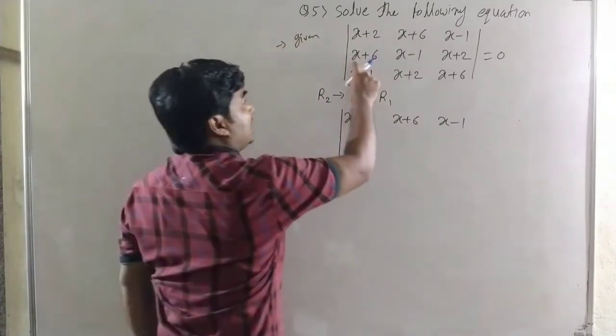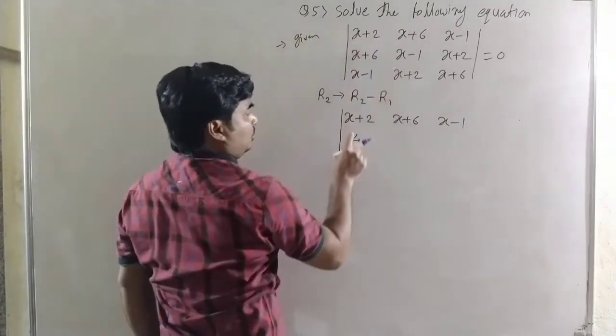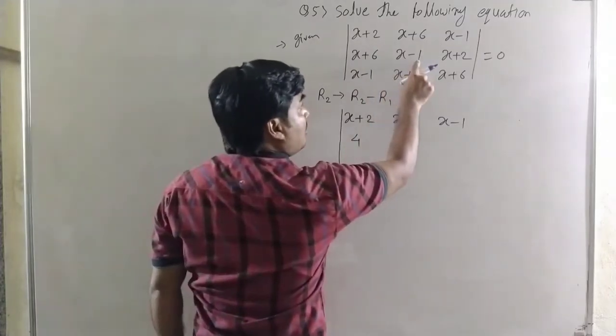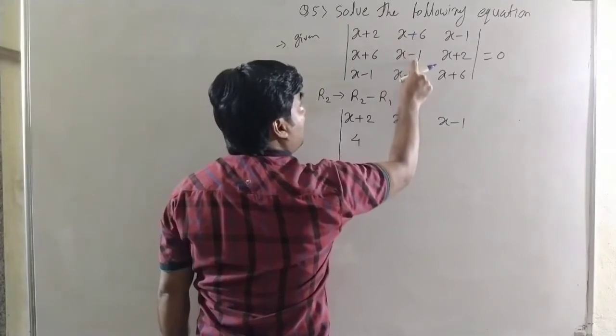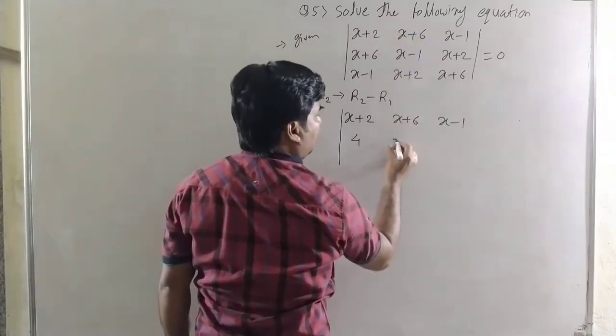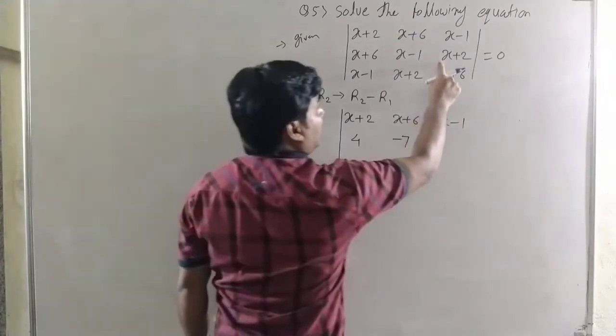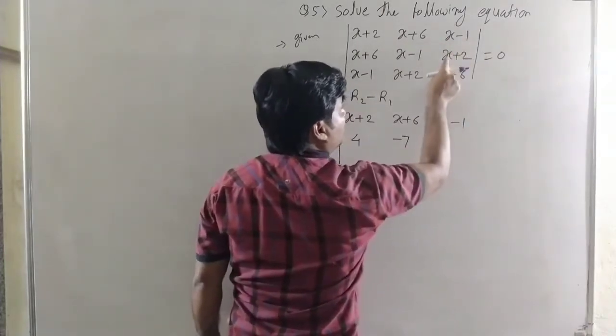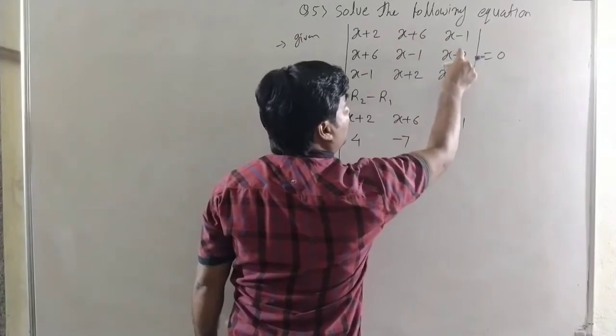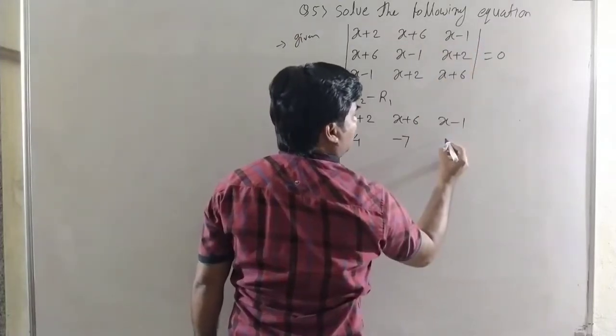Here x plus 6 minus x plus 2, x and minus x get cancelled, and it is 6 minus 2, it is 4. Then x minus 1 minus x plus 6, x gets cancelled, it is minus 1 and minus 6, we get minus 7. Then x plus 2 minus x plus x minus 1, x gets cancelled and it is 2 minus minus 1, it is 3.